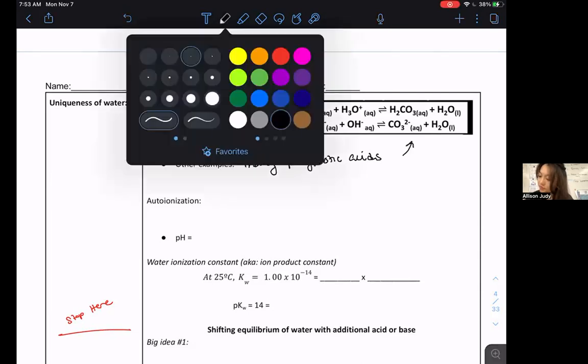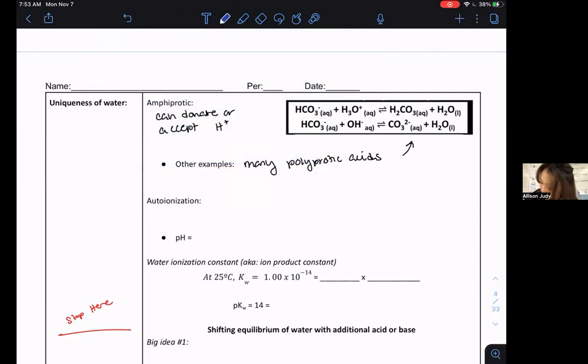Water can either be an acid, where it donates and becomes a hydroxide ion, or water could act as a base and it could accept. And many polyprotic acids have a similar phenomenon where the conjugate can act as either an acid or a base because it has the ability to accept one more or give away one more.